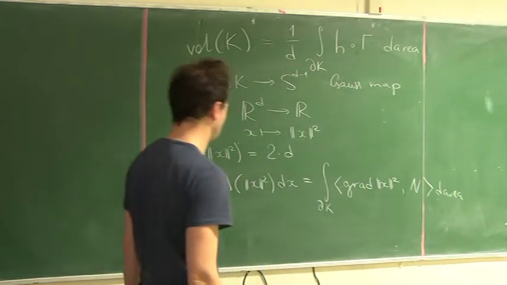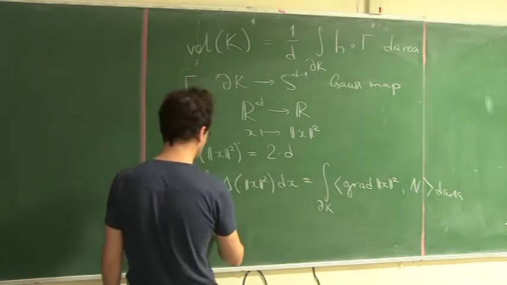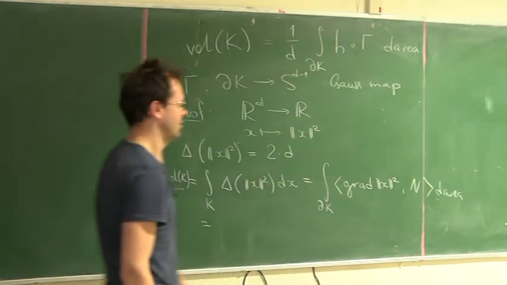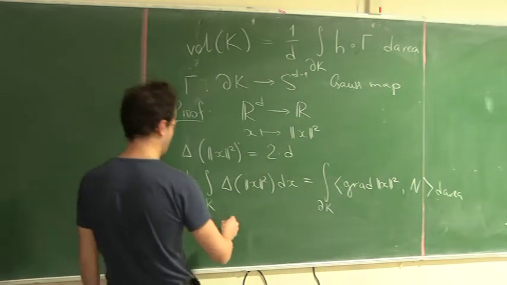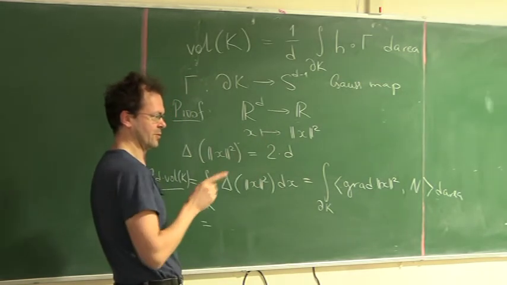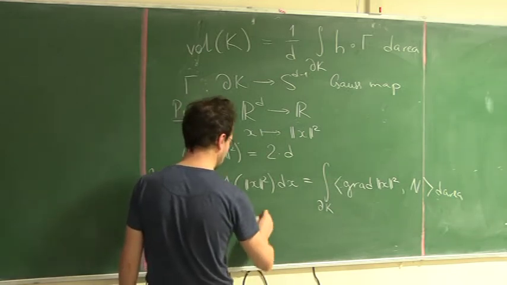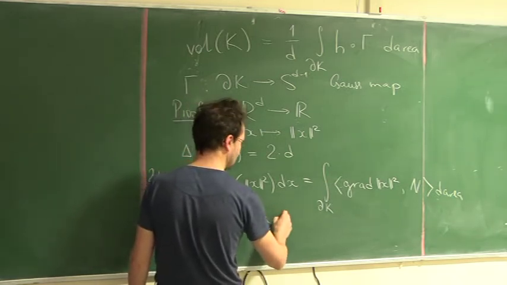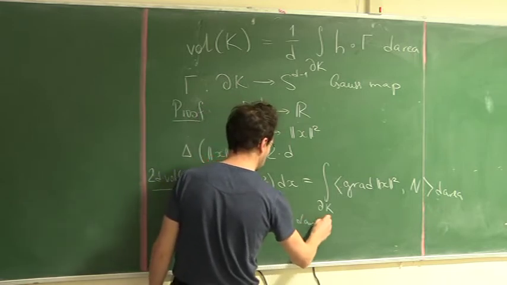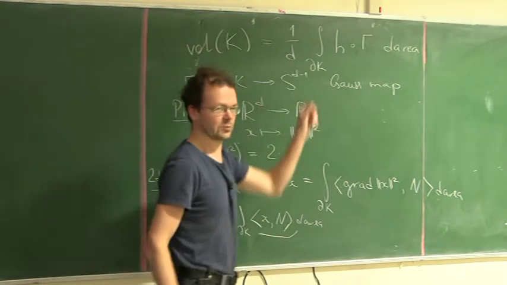The gradient of the norm squared is twice the vector x. So we get 2 times the integral over the boundary of K of the inner product of x with n, with respect to the area. And I claim that this is exactly the support function composed with the Gauss map.